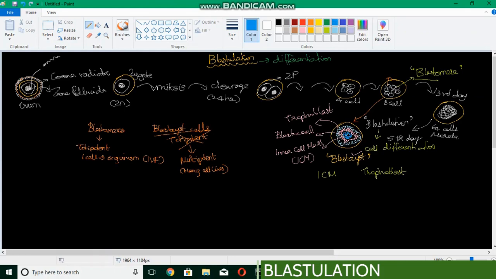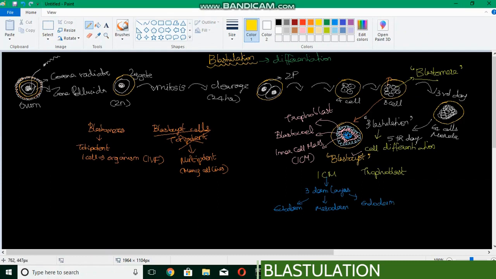The inner cell mass cells give rise to the 3 germ layers of the body, which are the ectoderm, mesoderm, and endoderm.